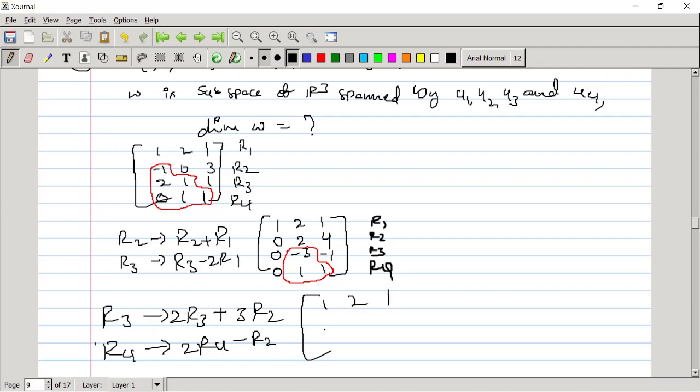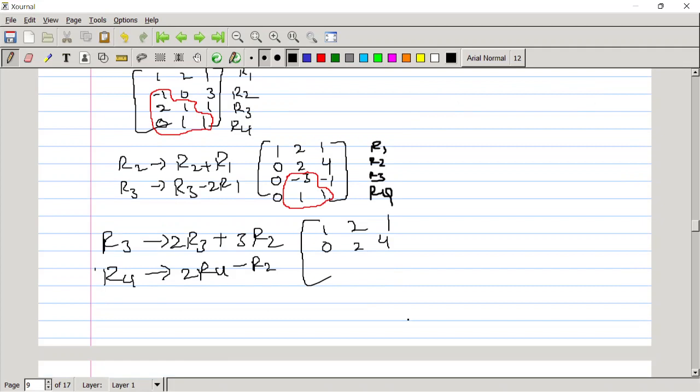These two row operations will result in 0 to 4. So here R3 will get changed and it will become 0. This becomes 0. 2R3 plus 3R2: this is minus 2 plus 12. This will become 10 and here 0, 0, 2R4: 2 minus 4. This is minus 2.